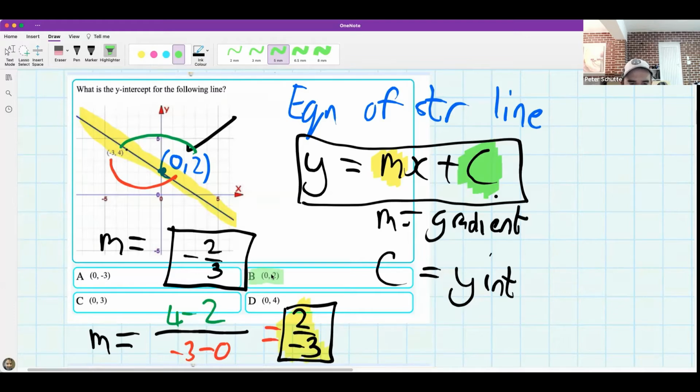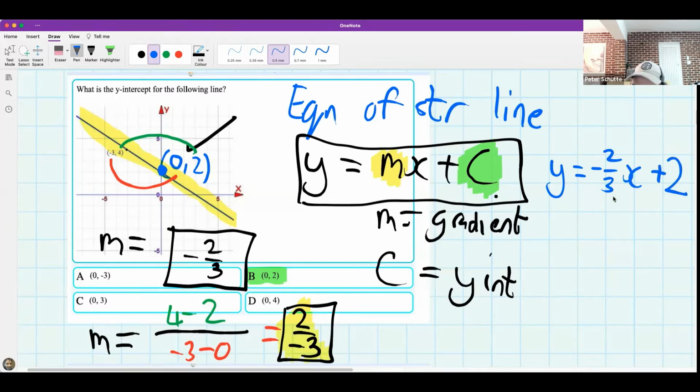Wasn't that this point over here? Or if we look on the actual line, isn't that the y-intercept? So how do we combine that to get the, yes, I see students coming through with it. So the equation of the line is minus 2/3 x plus 2.